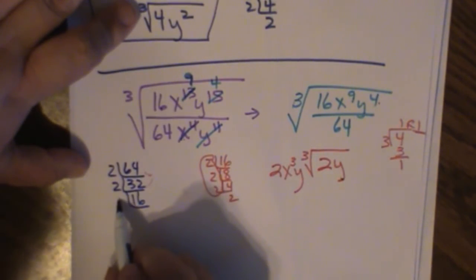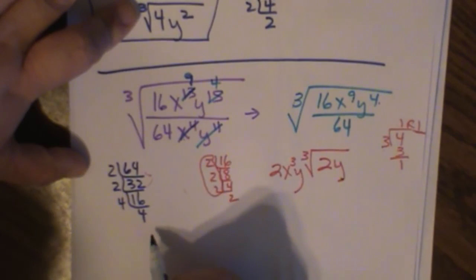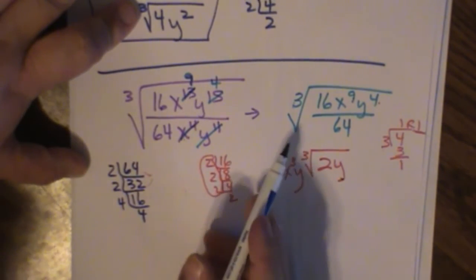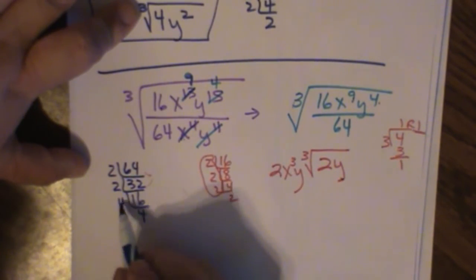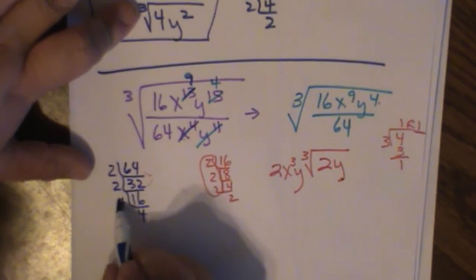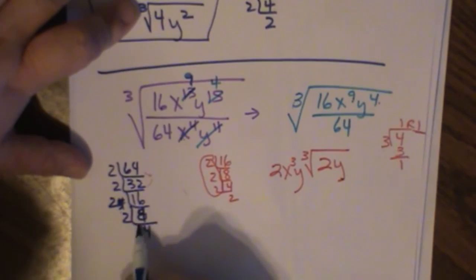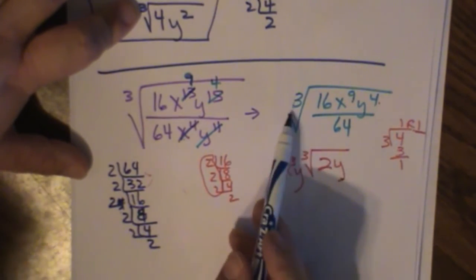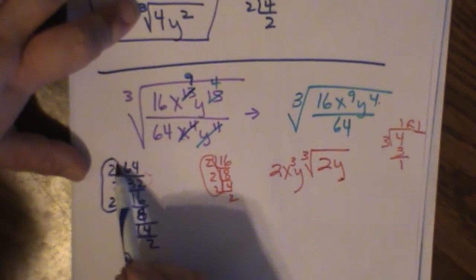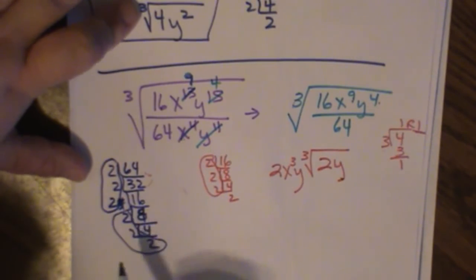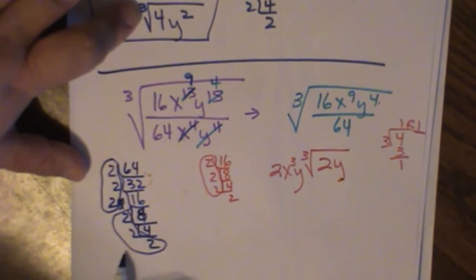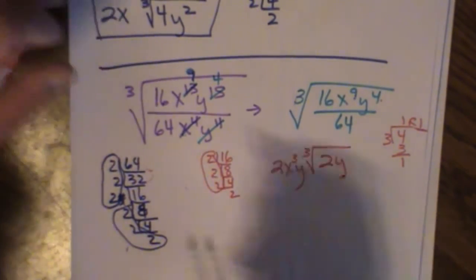And then 4 times 4 is 16, but we need groups of 3, so we have to redo that one. We take 2, that goes into 8, 2, 4, 2, and 2. So we need groups of 3. We have a group of 3 here and a group of 3 here. So we have 2 groups of 2, which gives a total of 4 on the bottom.